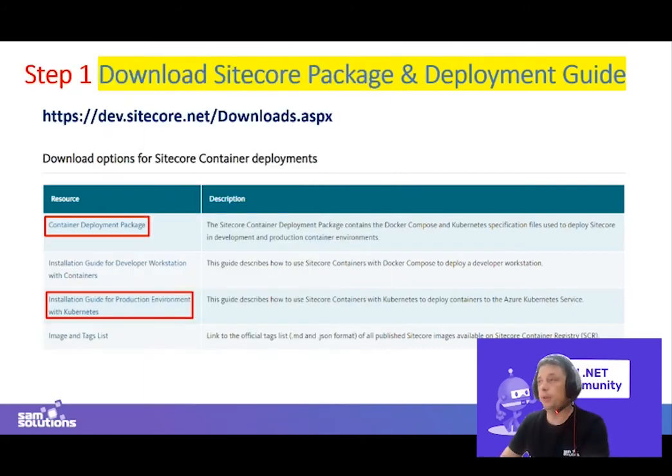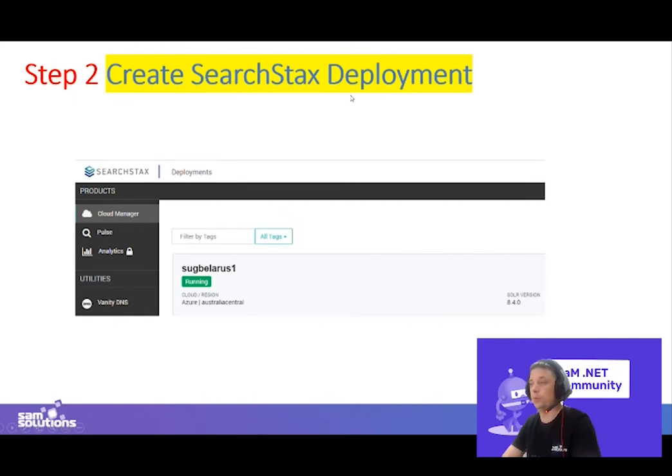And there is step number 2. It's not like a requirement, it's my choice of how to start. For production-ready Sitecore, we need to use third-party extensions such as a search engine.